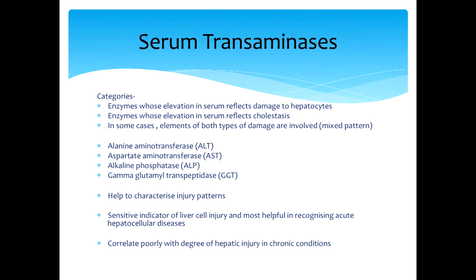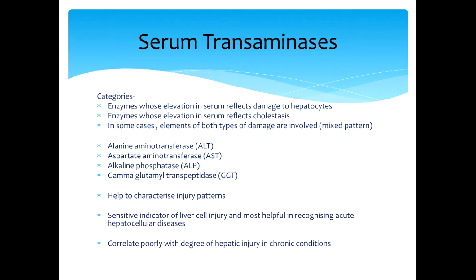So they are the enzymes within the liver. You can categorize these enzymes. As I've mentioned before, those that are elevated in serum reflecting damage directly to the hepatocytes or the liver cells, those that are elevated in serum reflecting cholestasis, but also you can have a bit of a mixed pattern as well. And you'll all be used to seeing these as part of liver function tests.